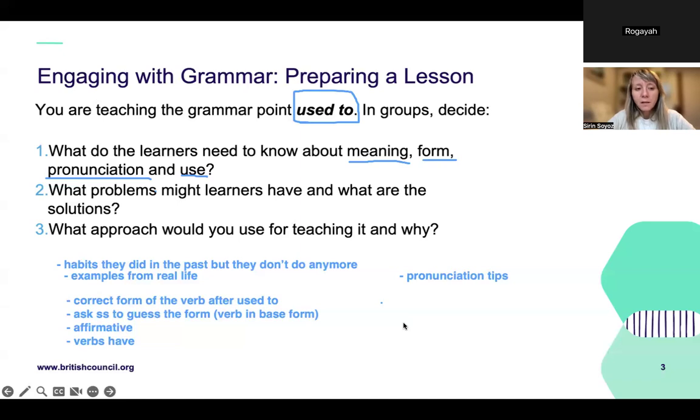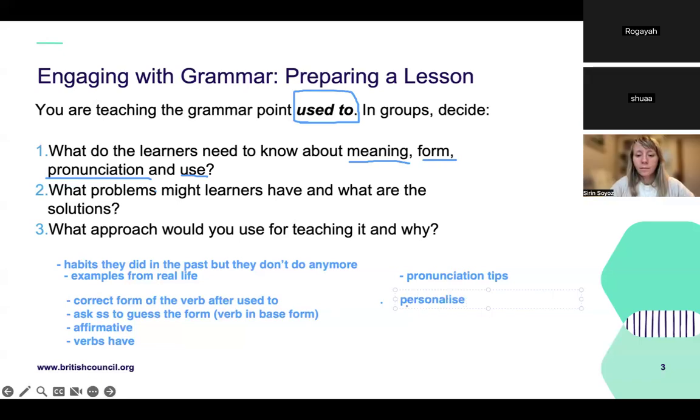Okay. So yeah, more and more examples, contexts. Yes, they need to practice. And personalize maybe help them. Yeah. If they personalize the use of it, I think they will use it. Okay, so personalizing, practicing, examples from real life. Yes, thank you.